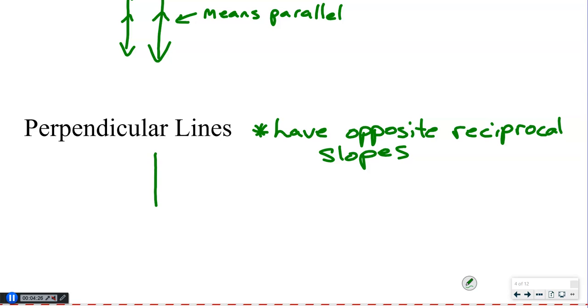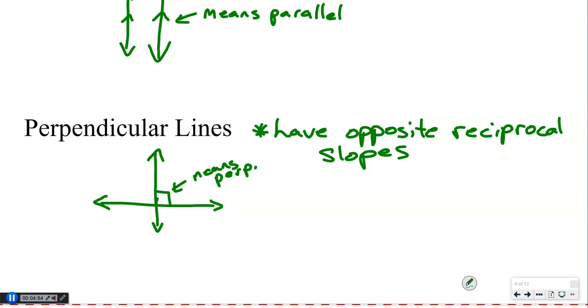So your perpendicular lines, that's two lines that intersect to form 90-degree angles. And you'll always see the right angle marked. So that would mean it's perpendicular.